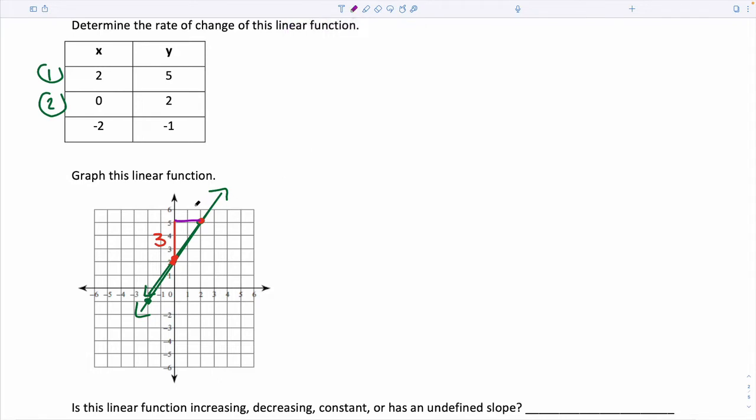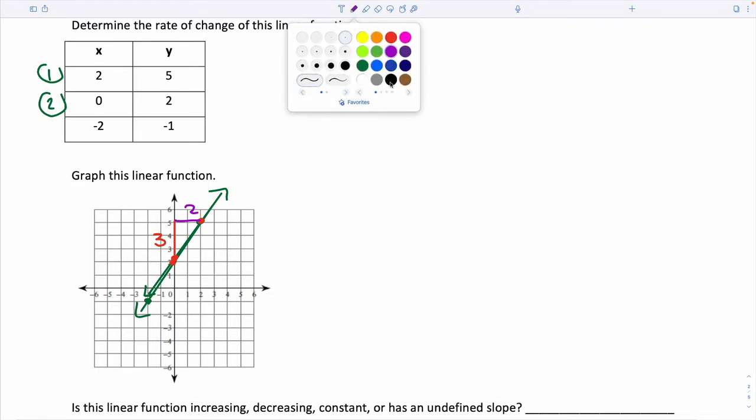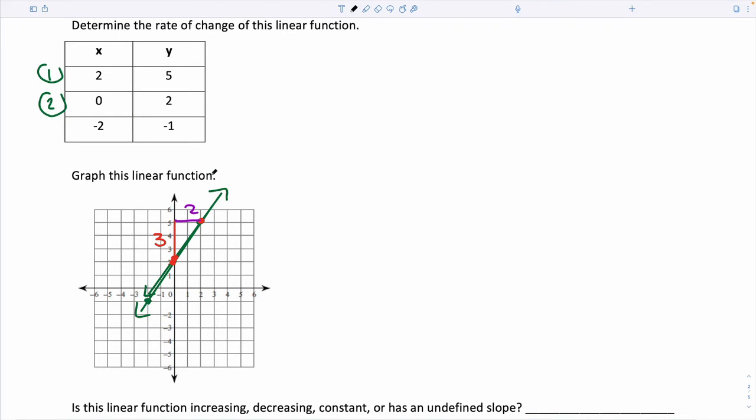Now, what if they didn't give us a graph? If they don't give you a graph, and this is the preferred method by mathematicians, you can solve it using algebra. Here's how. They actually have a slope formula that works every time you have 2 points. The slope formula works like this. Slope is going to be a y point on your table of values minus another y point on the table of values.